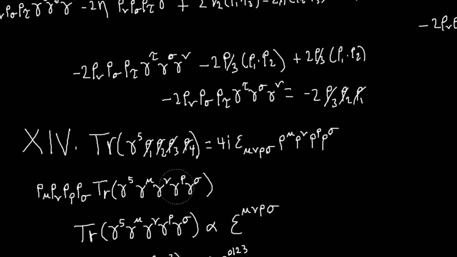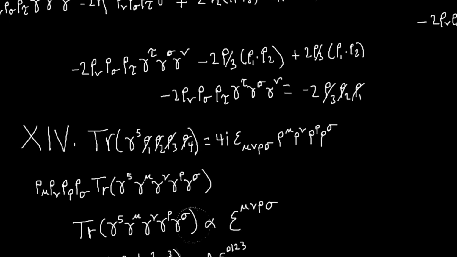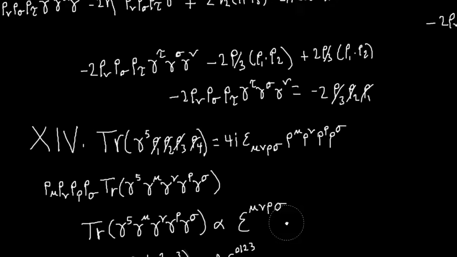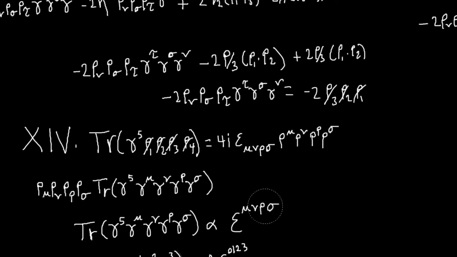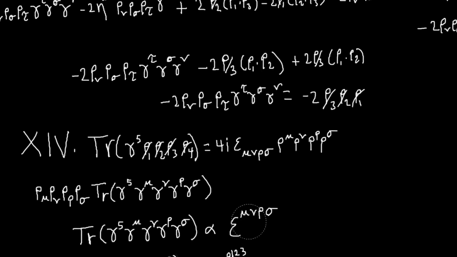And based on those properties, we say that this trace has the same properties as this totally anti-symmetric tensor epsilon mu nu rho sigma. Again, because if we have repeated indices here, this is 0. And if we exchange any of these or anti-commute them, which would amount to exchanging these indices, we'd get a minus sign, which are properties that this thing has. So we know it should be proportional to this.